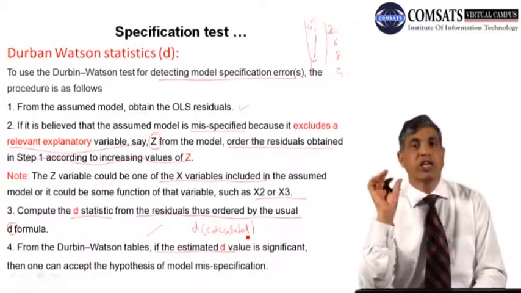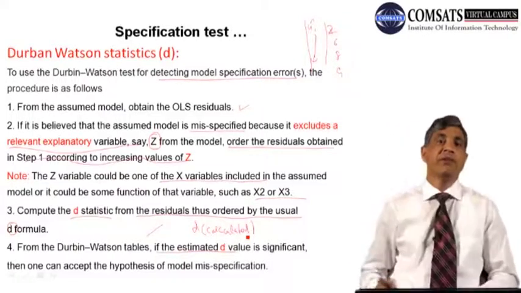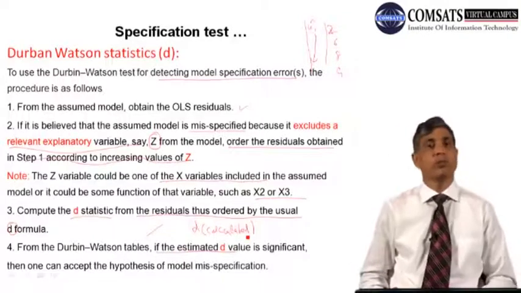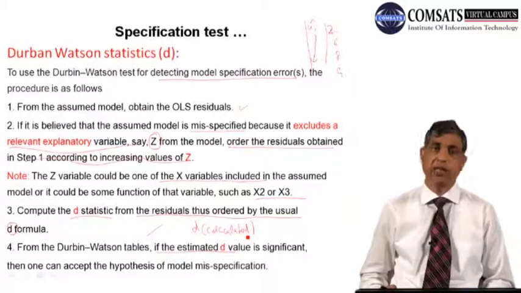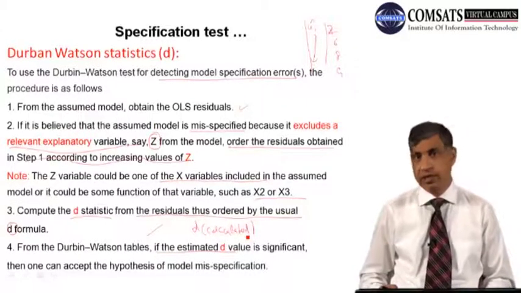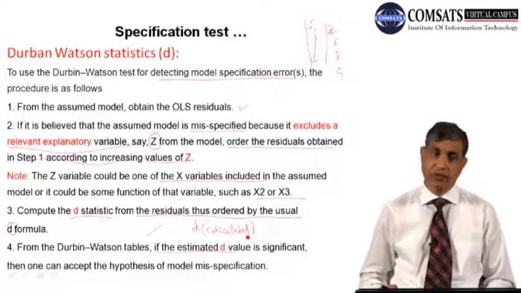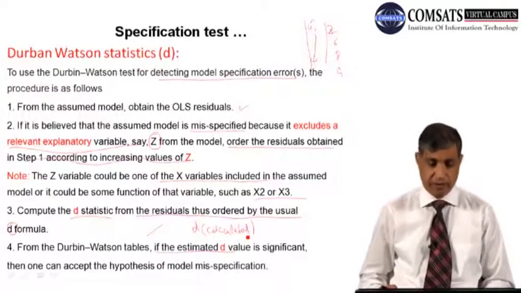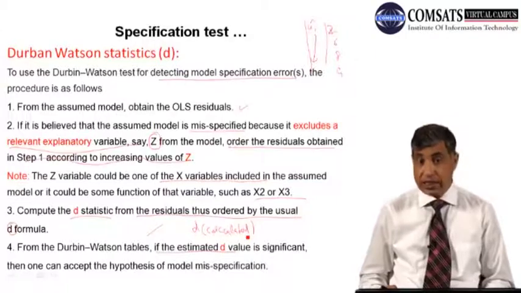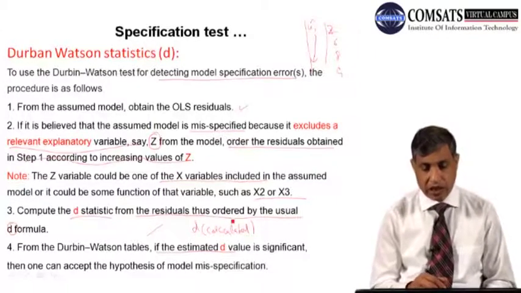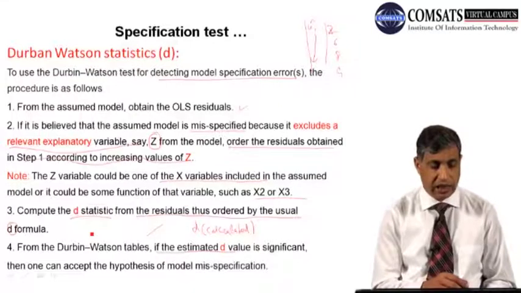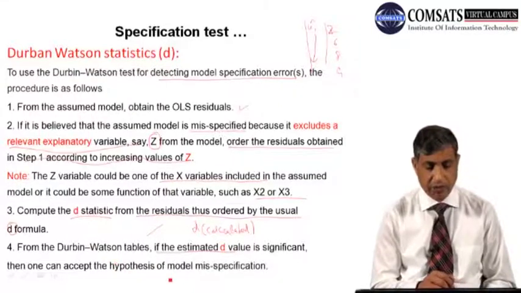I have not specified here what the degrees of freedom are, but when you are working on your data, you will know the n number of observations and k the number of parameters, and the degrees of freedom is simply the difference between the number of observations n minus the number of parameters k. So if the estimated or calculated d value is significant, then one can accept the hypothesis of model misspecification.